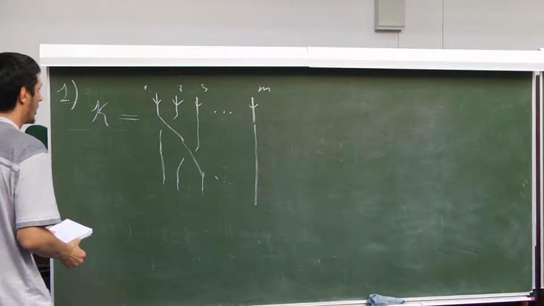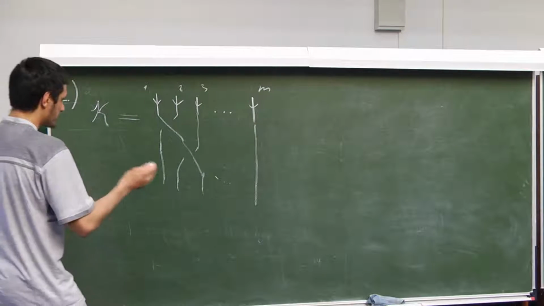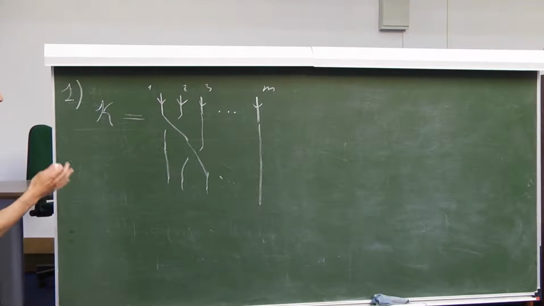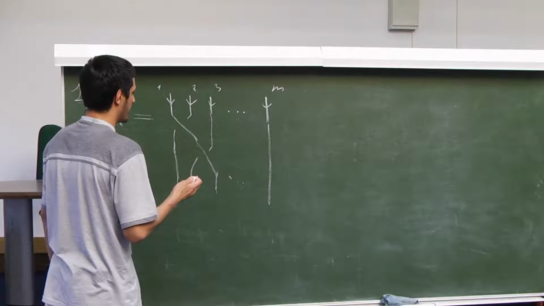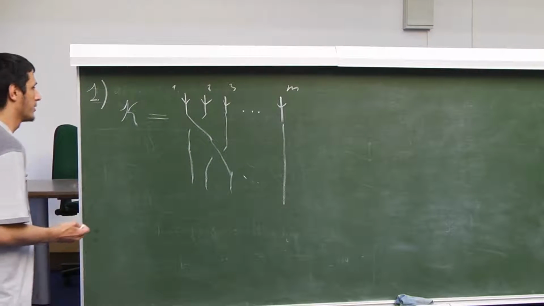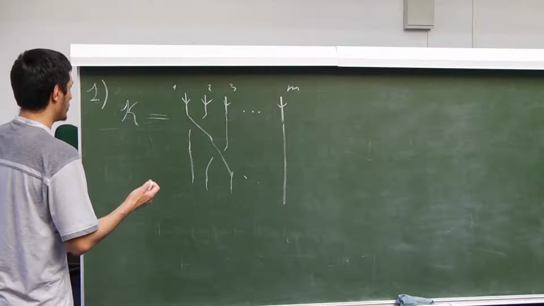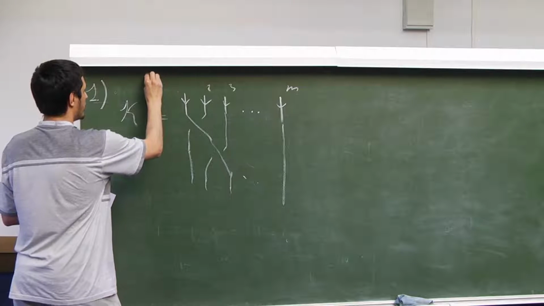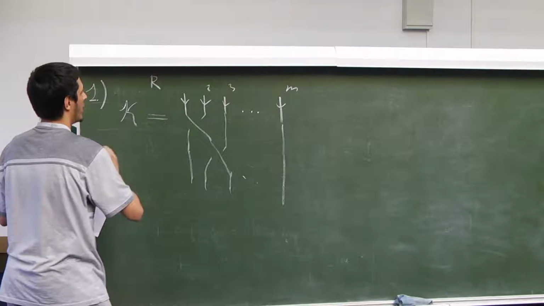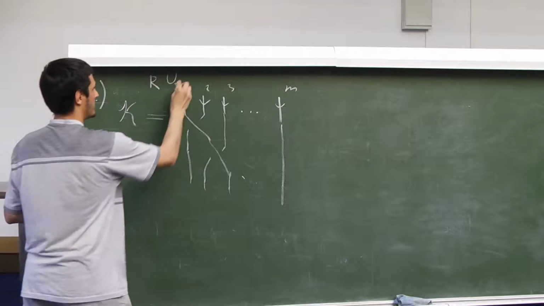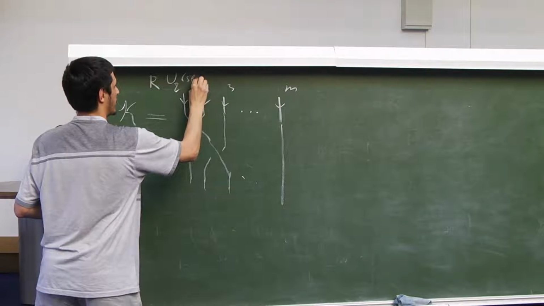on the blackboard. This approach is based on the idea to use a quantum R matrix to construct invariants of knots. So we associate with each strand an irreducible representation of the quantum universal enveloping algebra of the algebra SLN.